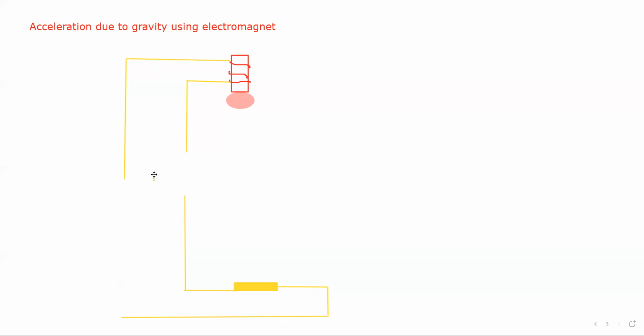And we have a two-way switch, which is initially connected to the first position A. And we have a timer.